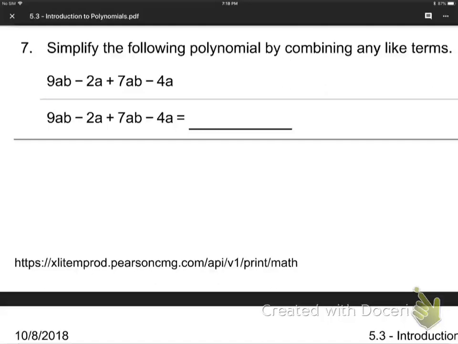All right, try that one. So like terms again. 9ab, 7ab.